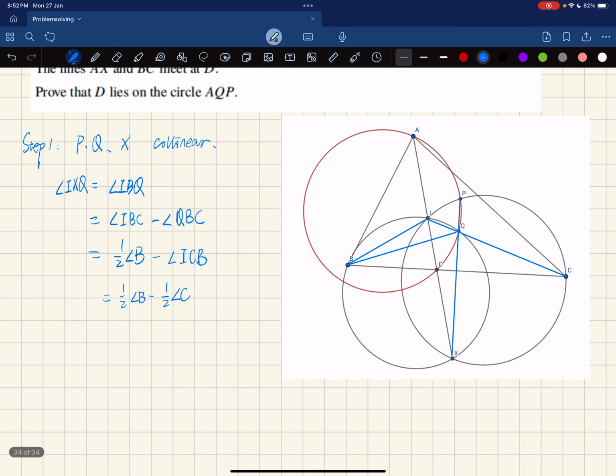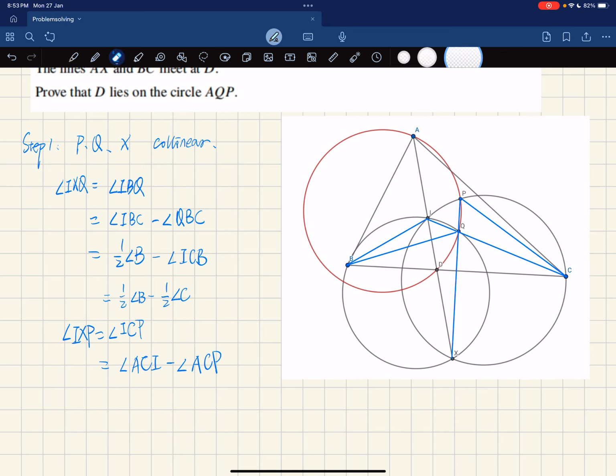Furthermore, we have angle IXP equals angle ICP, right? Here we have to connect the points P and C. So what is ICP? It is angle ACI minus angle ACP. Or there is another understanding of this angle.